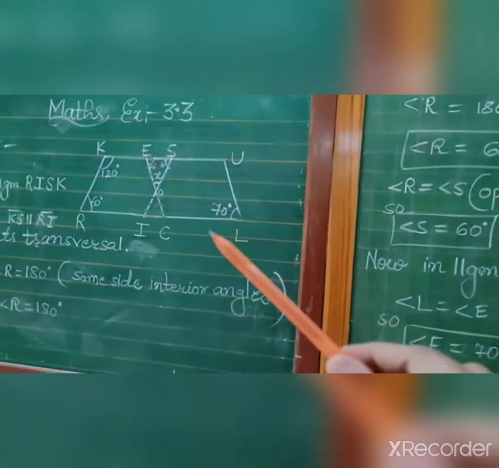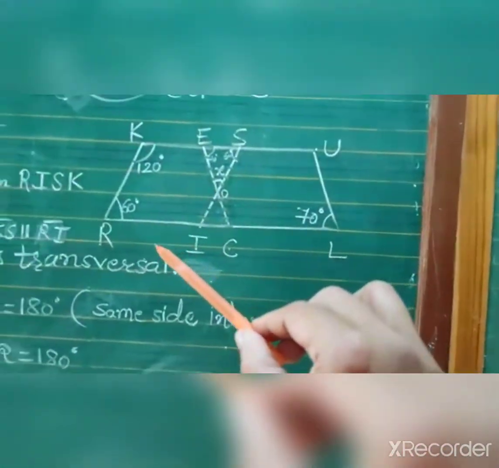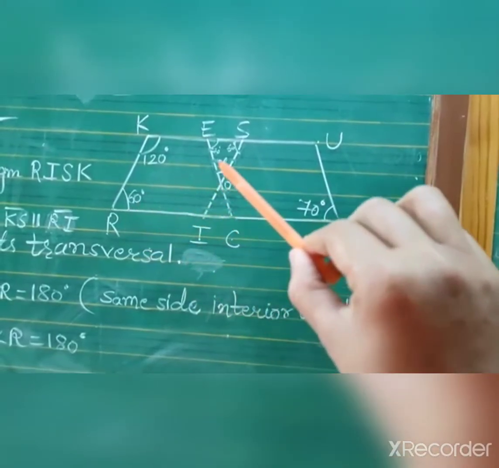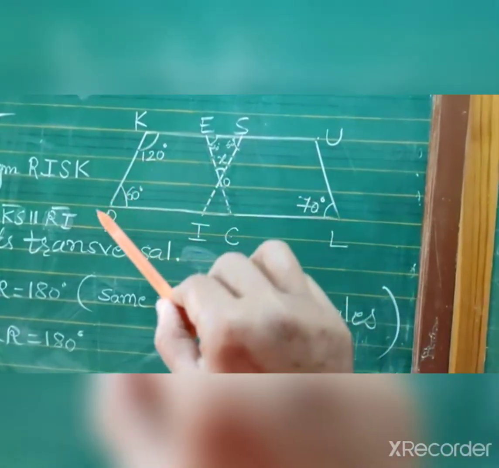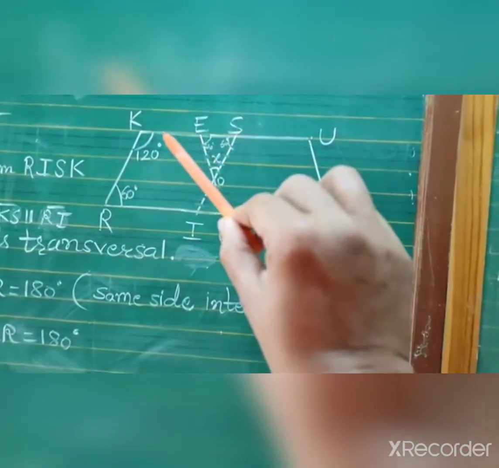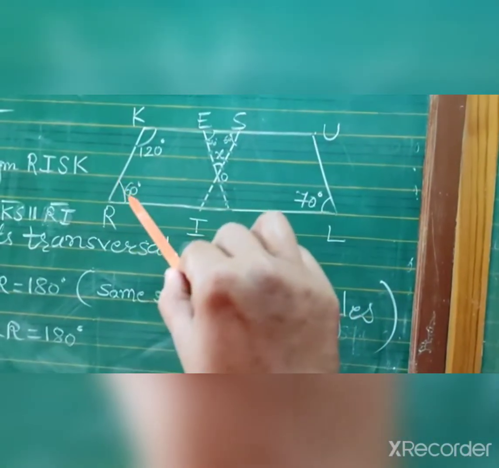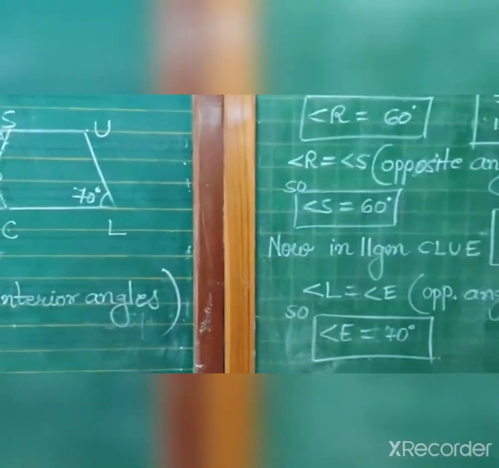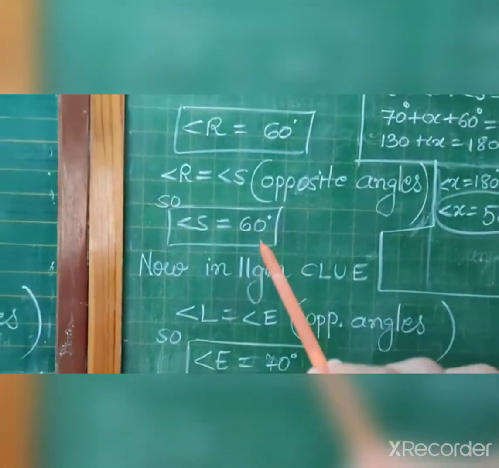Now you can see here, the opposite angle of R is angle S in this parallelogram. So angle R is 60 degree, then angle S also will be 60 degree.